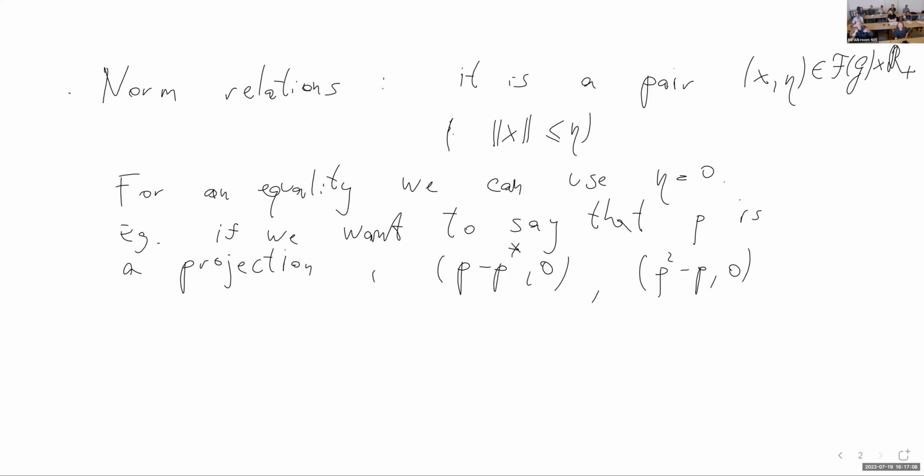There's still a bit needed. The thing is, not all relations are going to admit a universal object. We need some condition on the relation. For instance, if we have no relations, we know that there's no universality. And the same thing, if you want to just add being self-adjoint, there's no universal algebra of a self-adjoint element.